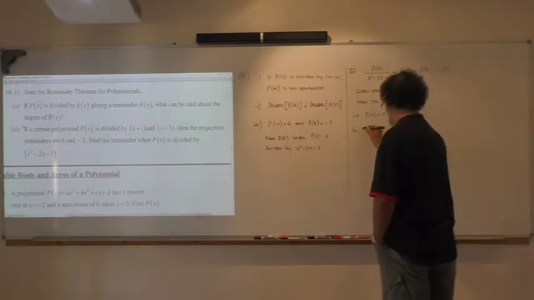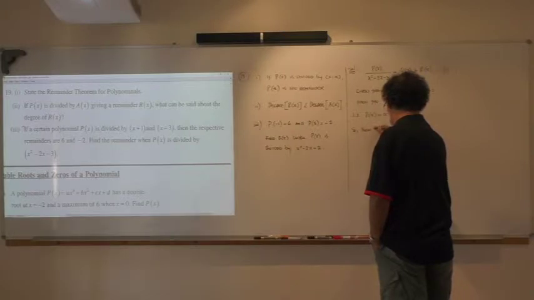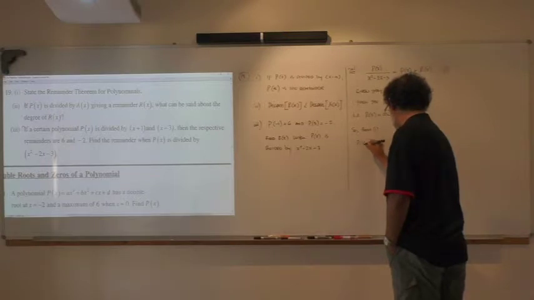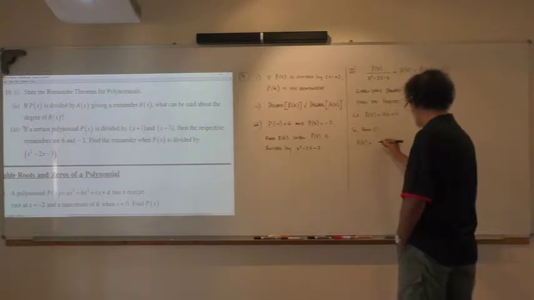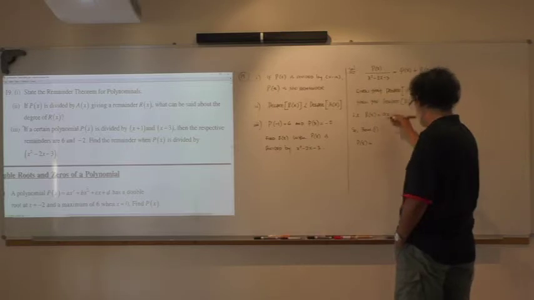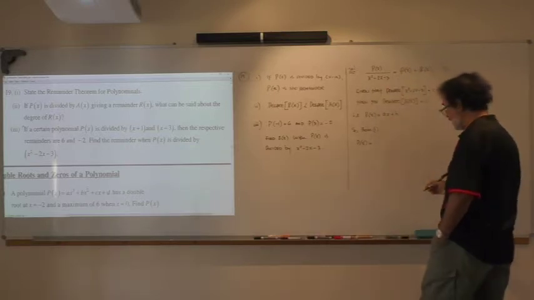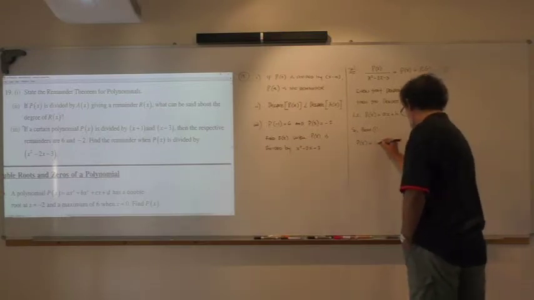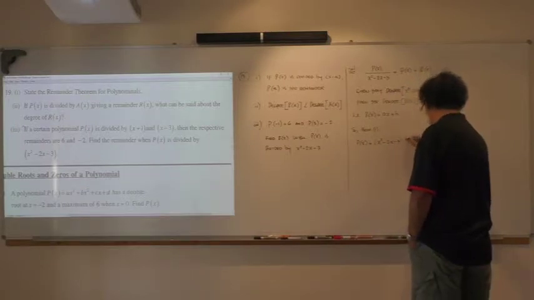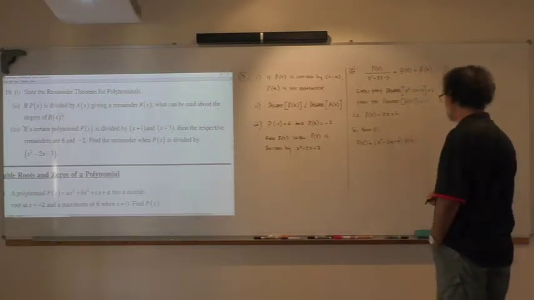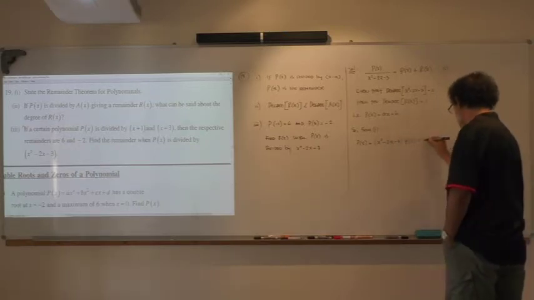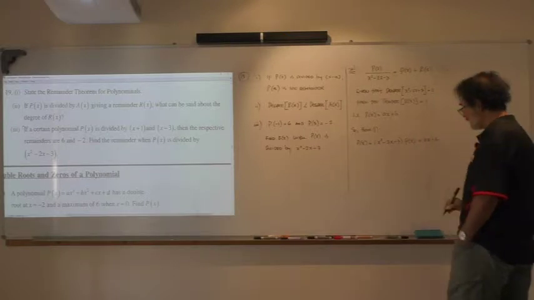So from 1, we have P of x equal to x squared minus 2x minus 3 multiplied by that quotient that we don't know, plus ax plus b.